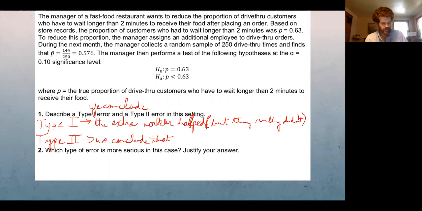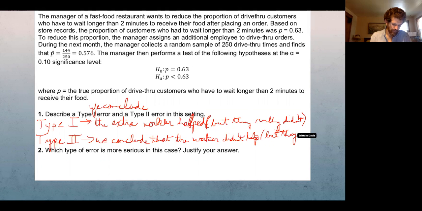So what we're saying, when we fail to reject the null and we should have, what we're saying is that, oh, that worker didn't help us at all. So we conclude that the worker didn't help. But they really did. Okay, so between these two, it's certainly, we're not talking about cancer anymore, but between these two, which one's a more serious error?